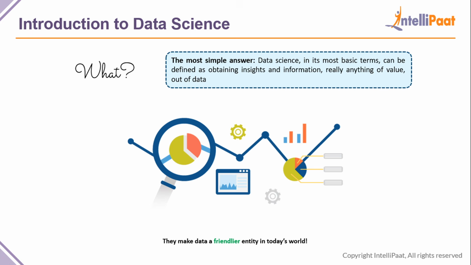So you're taking a raw entity like data, which is of no use just as it is, and converting it into very good information and obtaining so many insights from it, such that it drives the entirety of a business to success. Yes, converting something from useless to useful, which eventually becomes the heart of the company, that is what a data scientist does. And data science is a beautiful field in today's world. And of course, data scientists make data a friendlier entity.